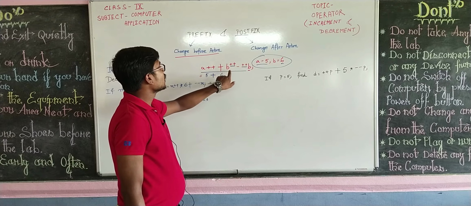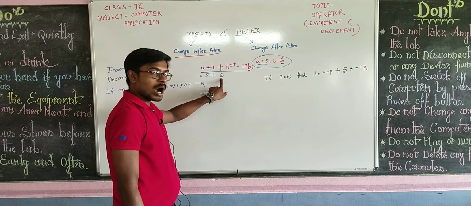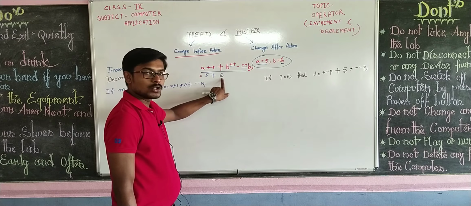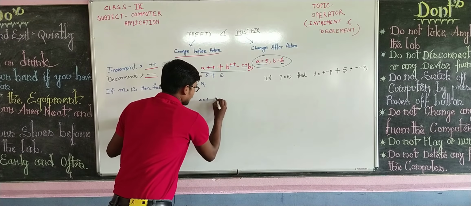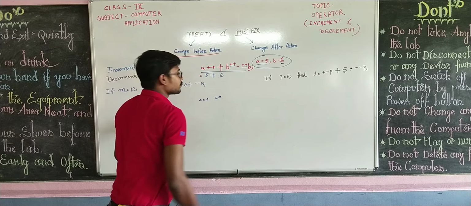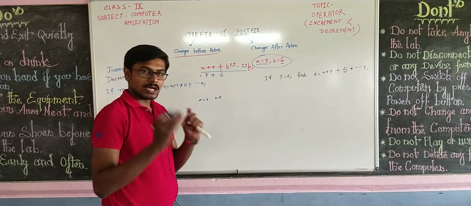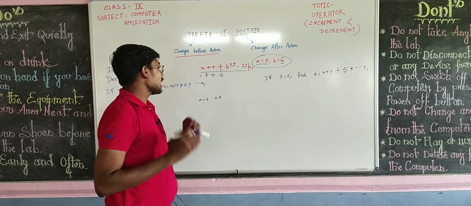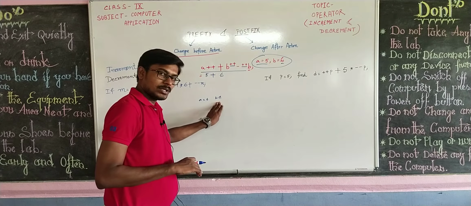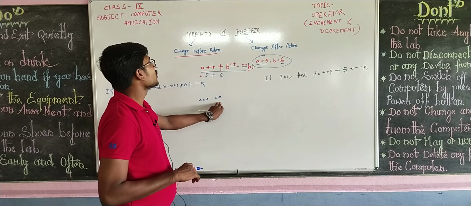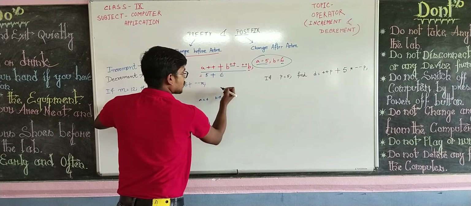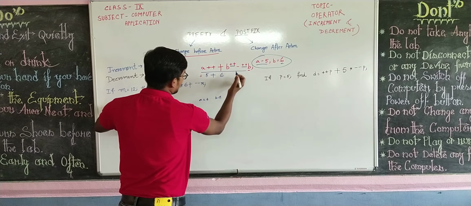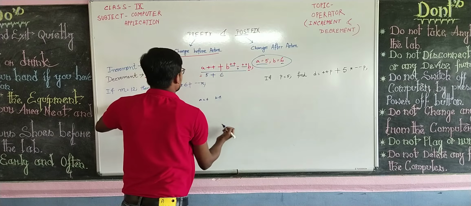That means you have to add 1 to this 6. So 6 plus 1 means 7. So current B's value equals to 7. Okay, we have to keep it in mind, as well as you can write in one place for your safety purpose. Now this minus is a normal arithmetical operator, it's a binary operator.